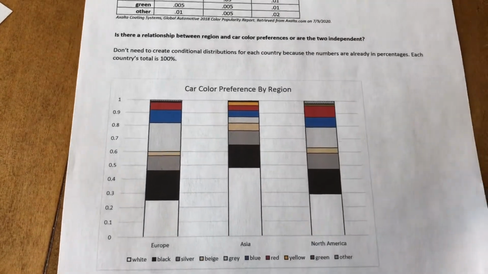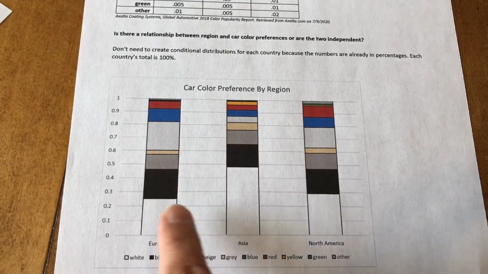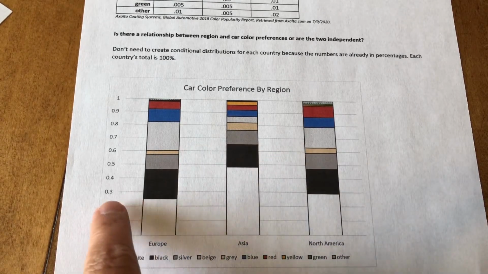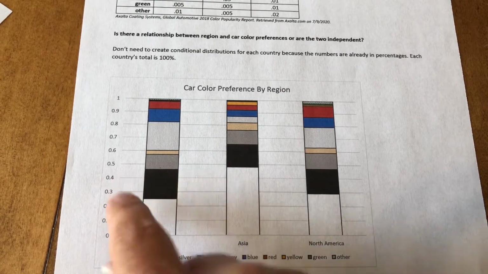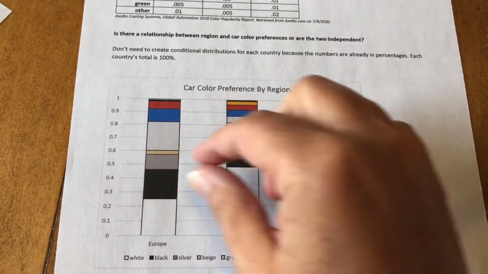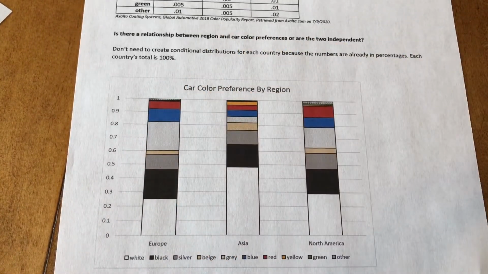All right. What do you guys think? Is there a relationship between car color preference and region? I would say yes. These distributions are clearly different. Okay, if there was no relationship, all of the white boxes would be the same size and same location. All the black boxes, the silver, the beige, the gray, and blue, and they are clearly not.